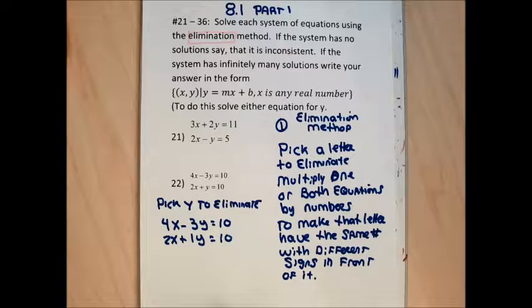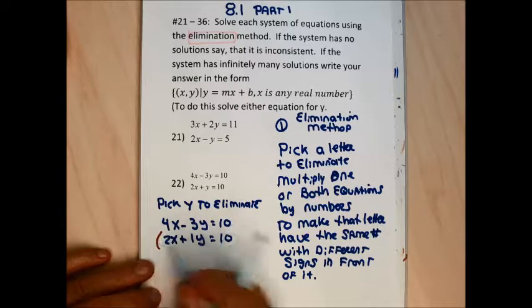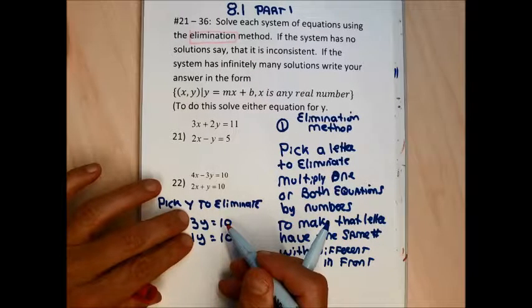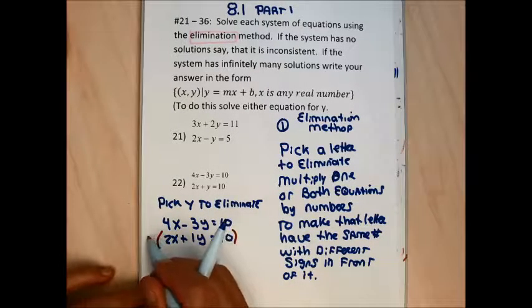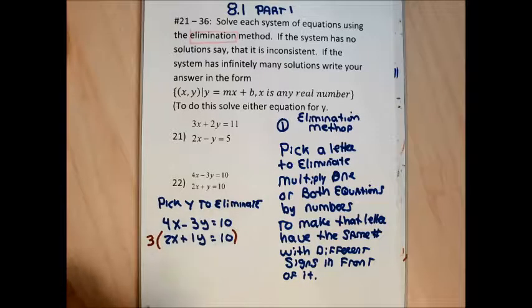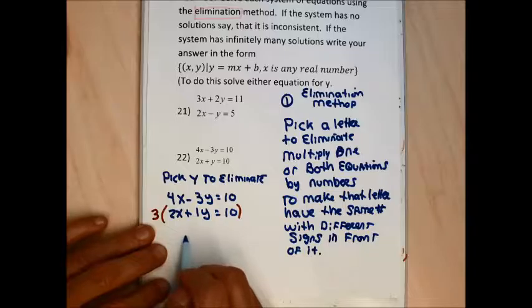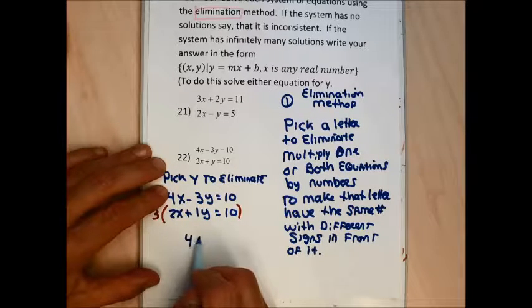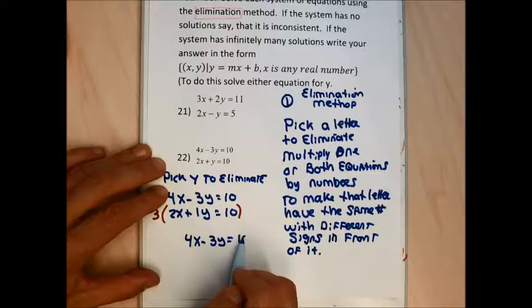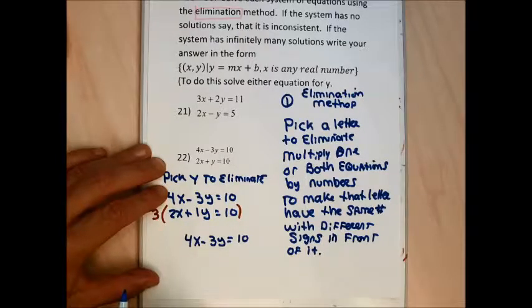So that's what I'm going to do. I'm going to make both equations have a 3y, one with a positive, one with a negative 3y, because 3 is the least common multiple between 1 and 3 essentially. So I'm going to multiply everything in the bottom equation by 3. I'm going to leave the top equation alone because it has the minus 3y in it that the bottom equation is going to wind up canceling with.